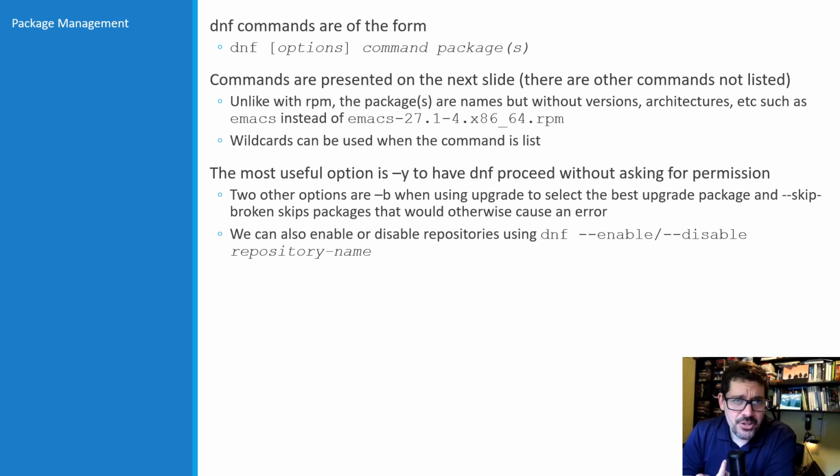With DNF, you just use Emacs, right? It automatically knows, the package manager knows what your architecture is, and it knows what version you want because it's always the latest one, right? Although you can sometimes install older versions if you like, but you just run that. Now, what's cool about this command, whether it's apt-get or DNF/Yum, they will automatically get all the dependencies for you.